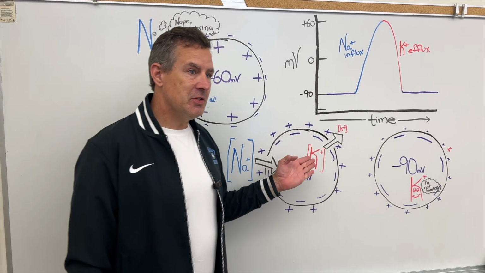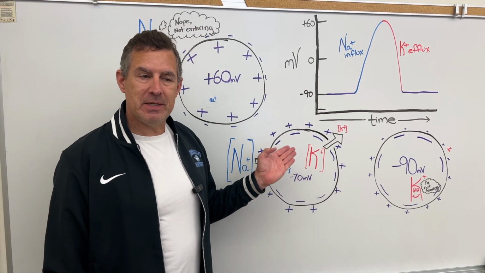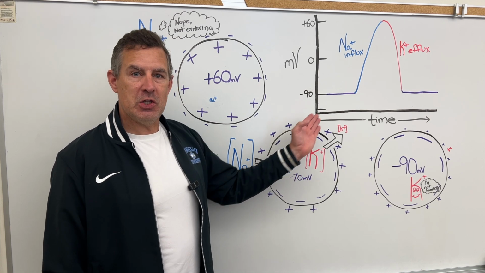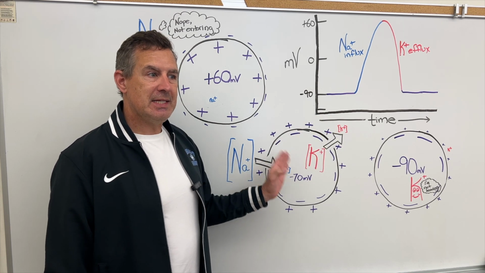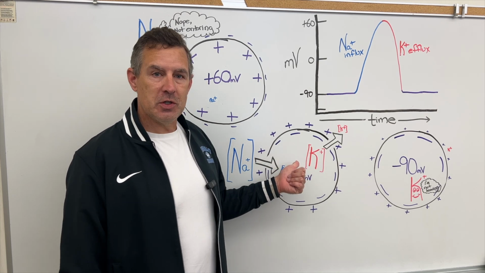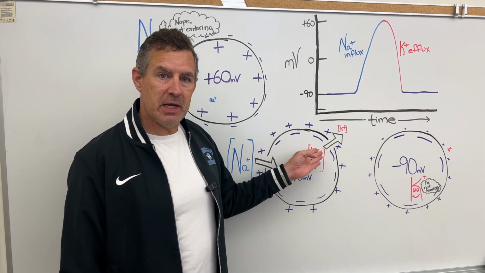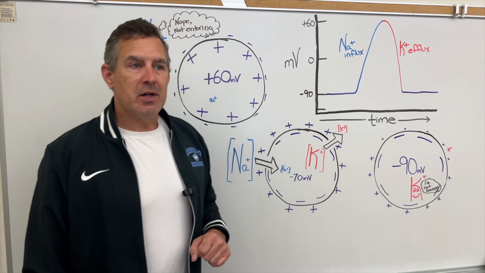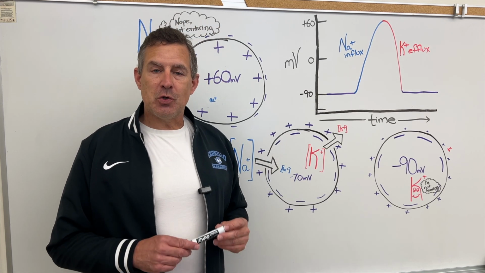But because potassium's chemical gradient is so large, it disregards, or up to a point, it disregards the fact that it would prefer to be around the negative charge. And that's where the concept of an equilibrium potential comes in.